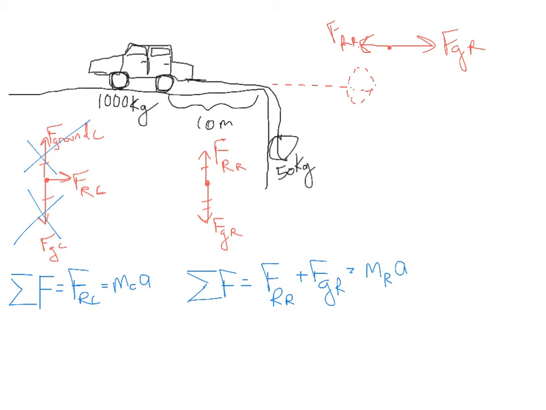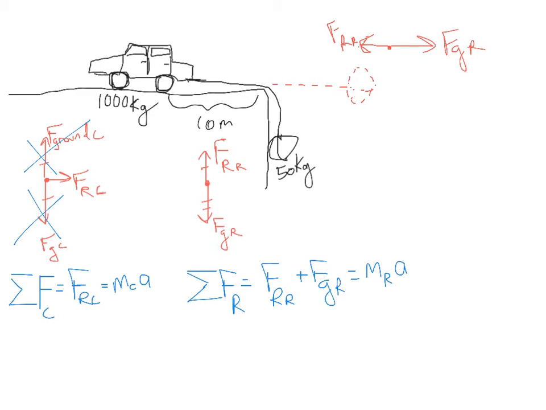You getting all that? That's an equal sign, not a 2. All right. So we have two summations, one for each object. And I suppose we could even notate that this is the sum of forces on the car, and this is the sum of the forces on the rock.